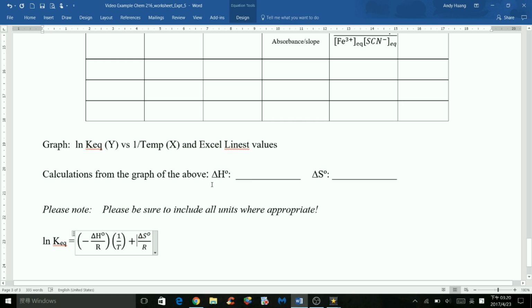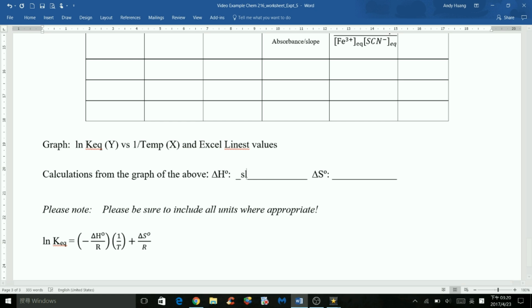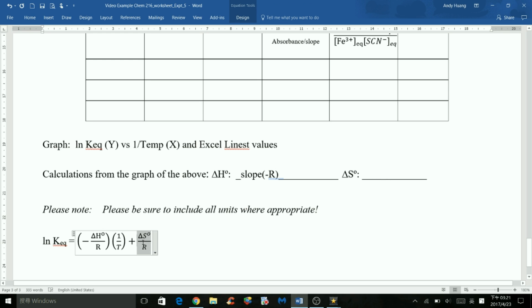So how do you solve for delta H? Well, you simply take the slope of the graph from task 3, this graph, and multiply by negative R. What about the entropy?